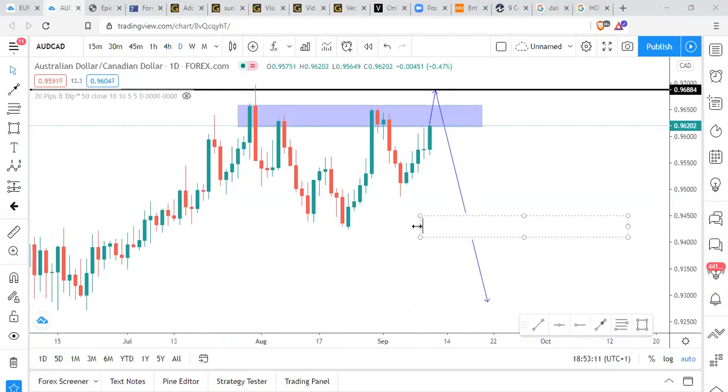Text: AUD CAD sell at 0.96884. Now they say AUD CAD sell at 0.96884.